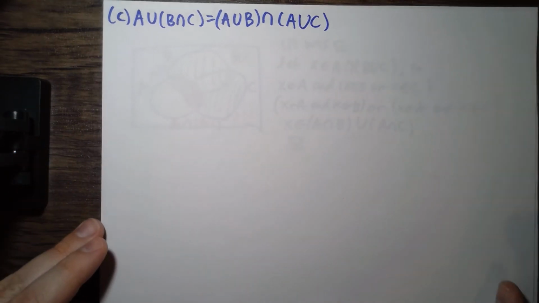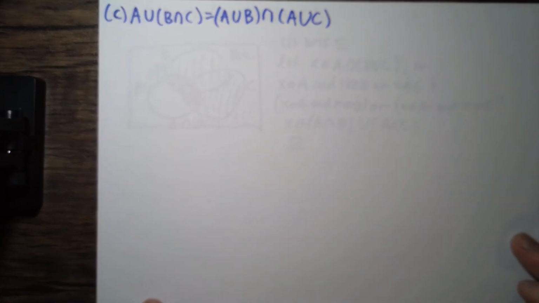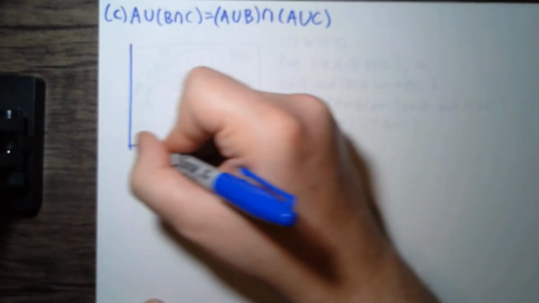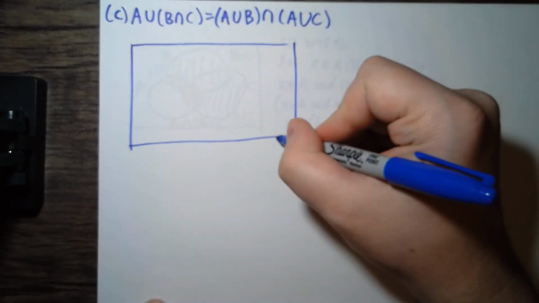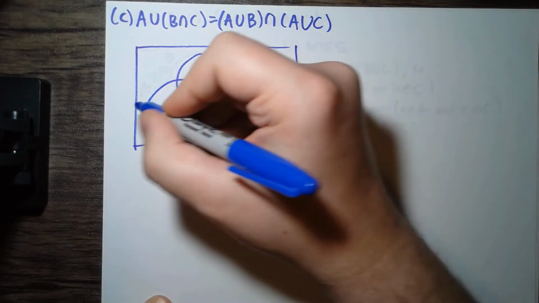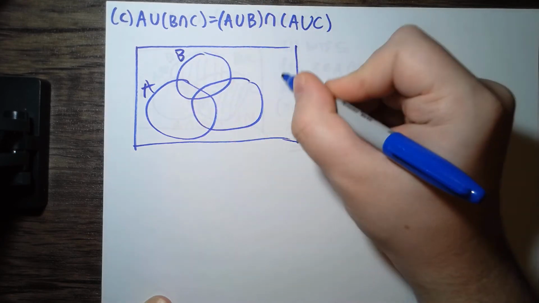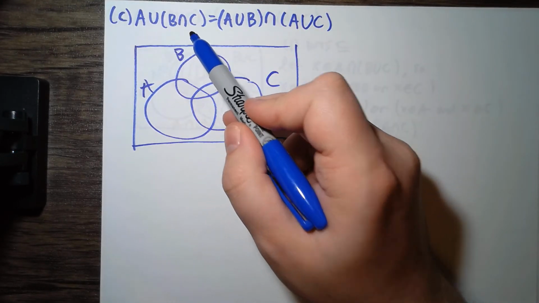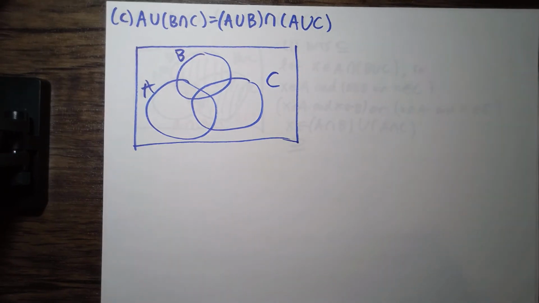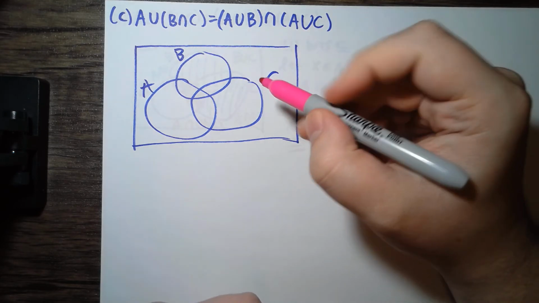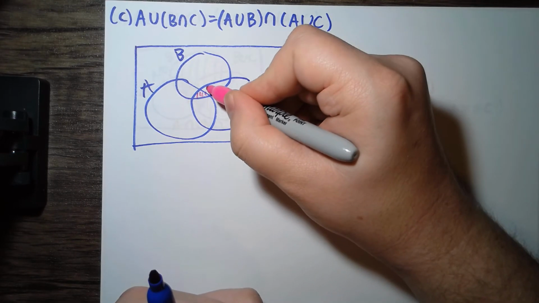Alright, and the last one is we want to prove this statement, so let's draw a Venn diagram again. So say we have our circles A, B, and C. So we're doing A union B intersect C. So B intersect C is this.